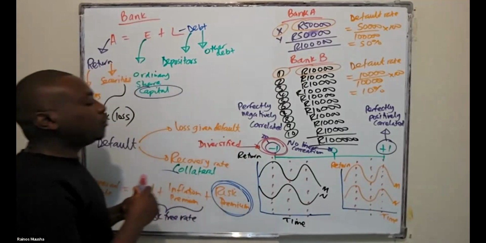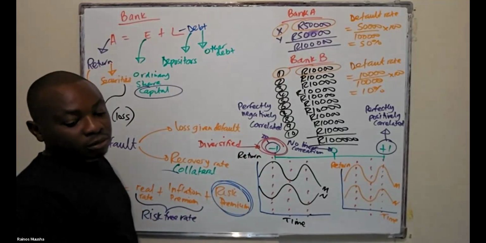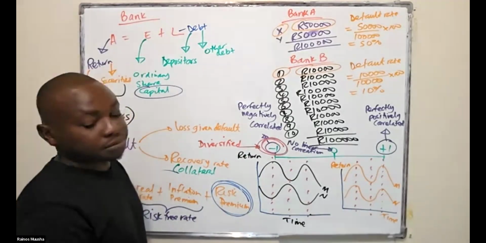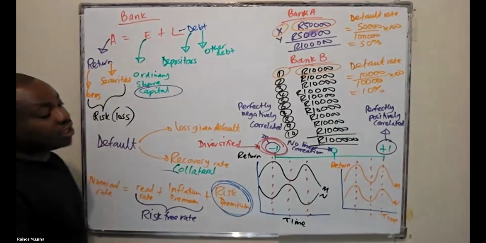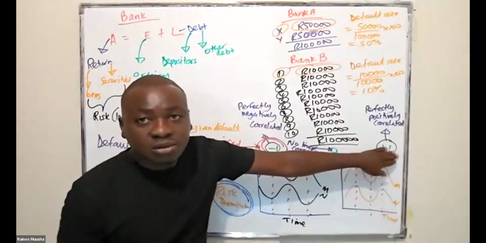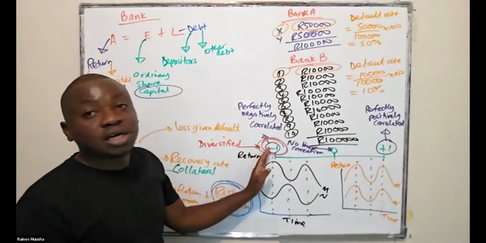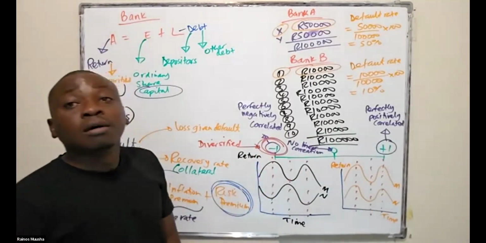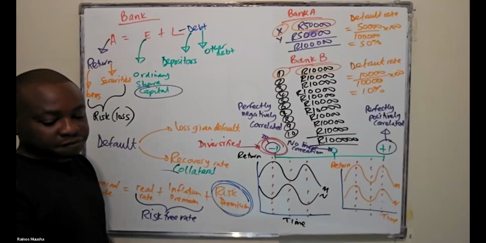This is what they mean when they talk about correlation risk. There's a high correlation risk when you're close to +1, and a very low correlation risk when you are closer to -1. Are we on the same page?